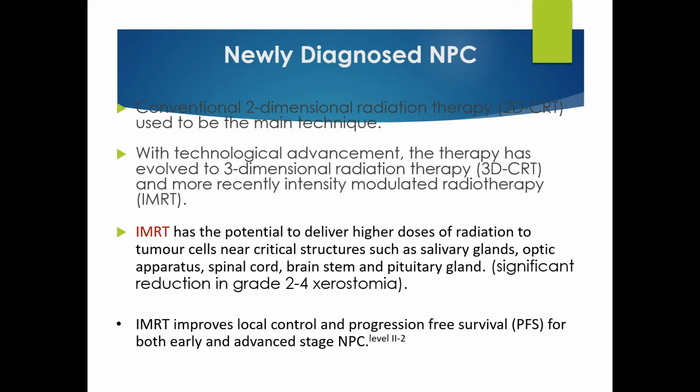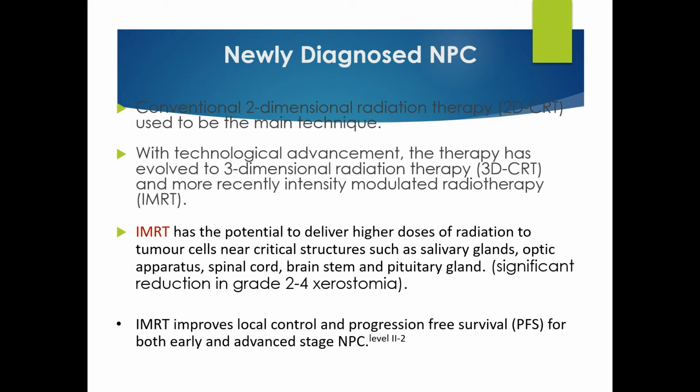Previously, 2D RT was used. Now we are using 3-dimensional RT. More intensity modulated radiotherapy, which is IMRT, is being used. The good thing about IMRT is that it can deliver high doses of radiation to the cancer cells, but spare vital structures nearby, such as salivary glands, optic apparatus, spinal cord, brainstem, and pituitary gland, so it can reduce and minimize complications.